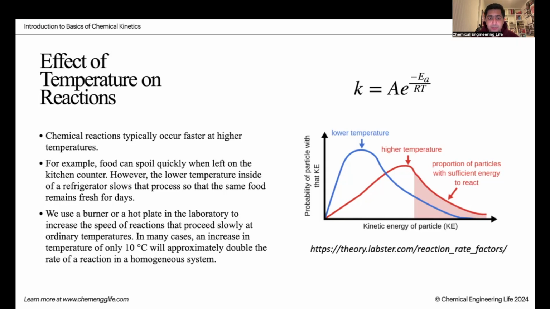Chemical reactions typically occur faster at higher temperatures, but there is still a trade-off. You have to be careful because some reactions only go one way, right? You put something together and you heat it up, and your reaction will go quicker to the other side. It will react a lot faster.